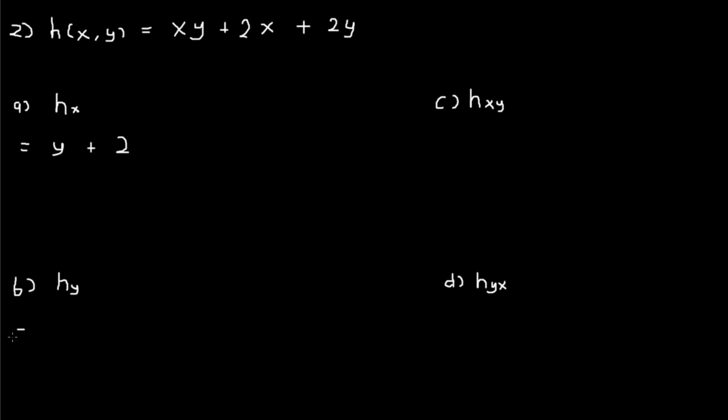Now we have to differentiate this equation with regards to y. We know that the differentiation of xy with regards to y is equal to x, and since we treat this as a constant, not an equation, it will be 0, so we're not going to write that.